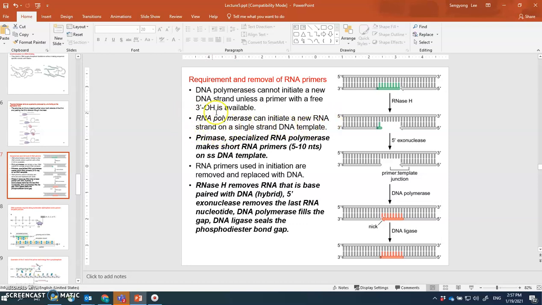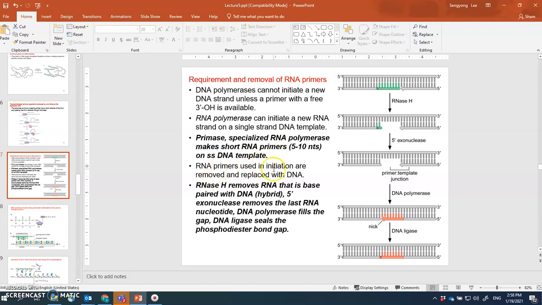RNA polymerase can make something new out of nothing. RNA polymerase doesn't have any problem, but DNA polymerase has a problem. That's why you need the help of RNA polymerase, making the RNA primer. A specialized RNA polymerase makes short RNA primers on the single-strand DNA template. That's what it just said.